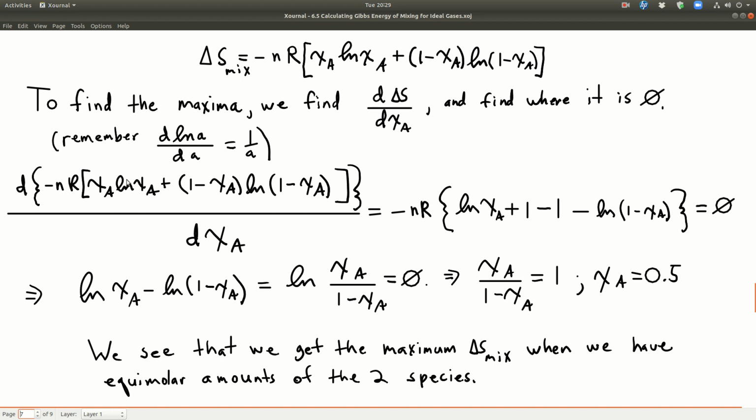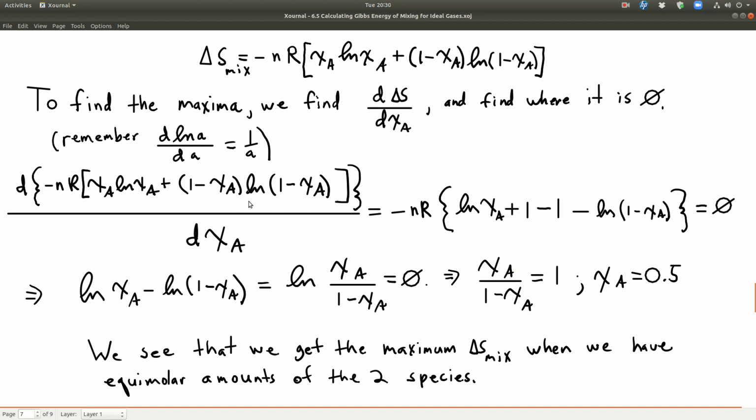Chain rule again. The derivative of the mole fraction of A with respect to the mole fraction of A is 1, times the derivative of the natural log of this with respect to that, which is 1 over that. So we get basically the mole fraction of A over the mole fraction of A, which is just 1. The derivative of this, we just get the natural log of the mole fraction of A. So that's where these two terms come from.